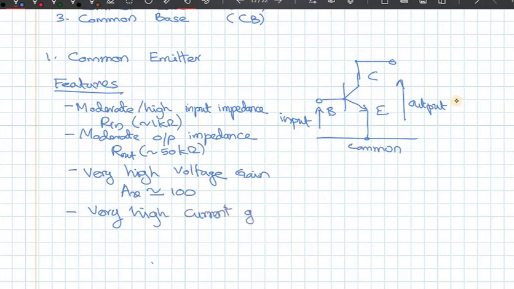So AI is also in the order of 50. This is not exact. This is directly related to beta. So these are the features of a common emitter amplifier.